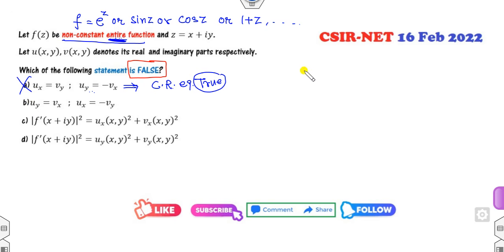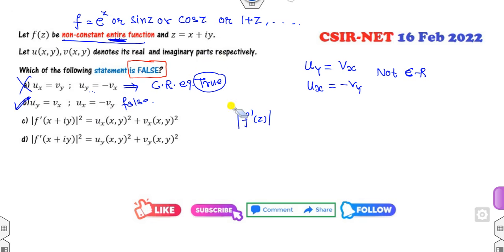U of y is equal to v of x. U of x is my minus v of y. This is not the CR equation. Fine. So that means this statement is my false statement. F dash of z. Fine. What is the f dash of z? The complex number. How you can find the derivative is ux plus iota vx.